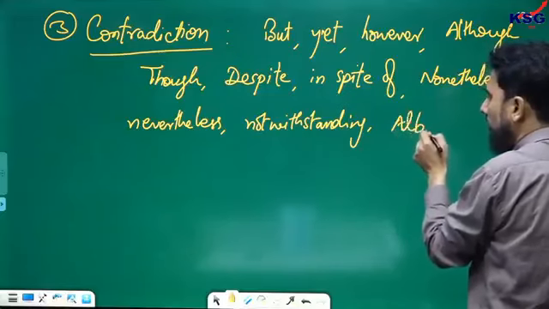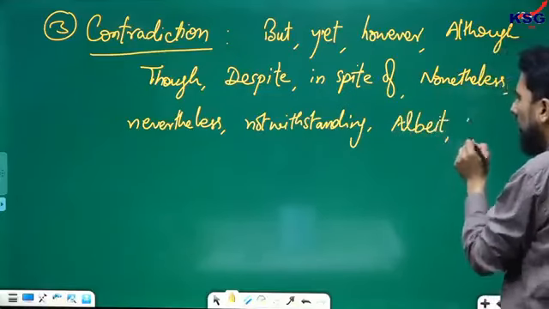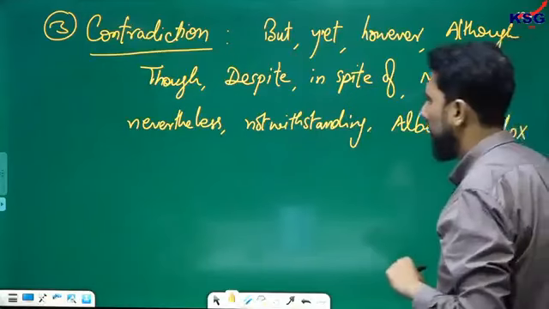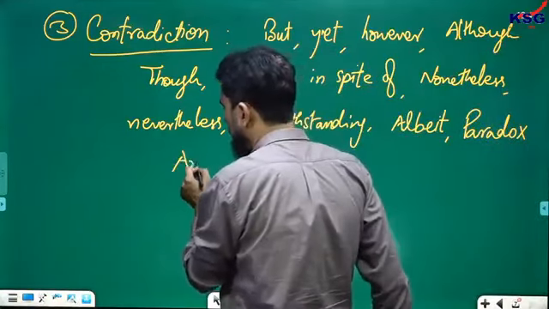There is a word albeit, A-L-B-E-I-T. There is a word paradox. Another word is anomaly.